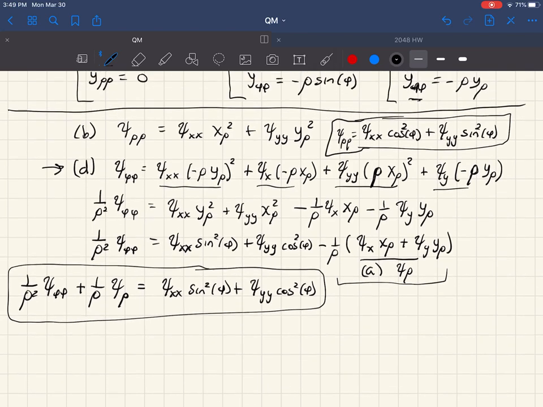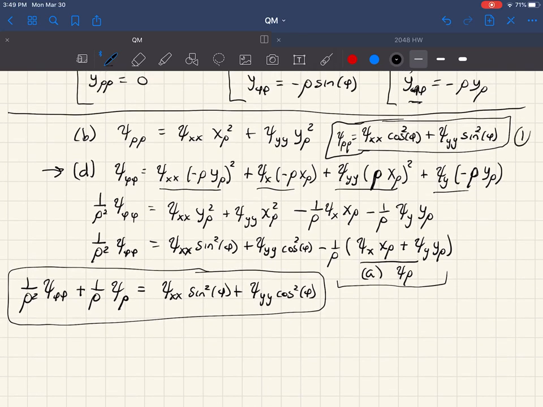So what we're going to do is take 1 and 2 and just add them. But you can see when I add this first term with the cosine squared, this is the same one here, but it's sine squared. So when I add these two, I can factor out the second derivative with respect to x, and then I'll have the second derivative with respect to x times cosine squared plus sine squared, which is 1.